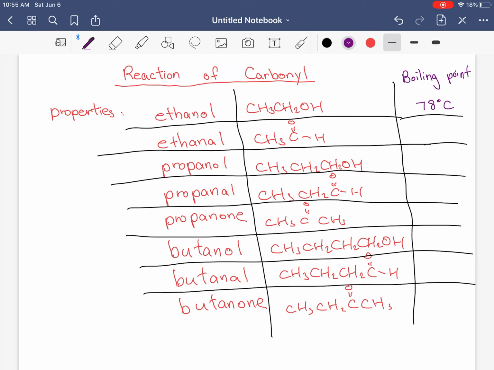Okay, what about ethanal? Now you ask yourself a question. Which one is more polar? Okay, ethanol or ethanal? Is this polar? Is this that much polar versus OH? Now remember, difference in electronegativity will tell you these things.